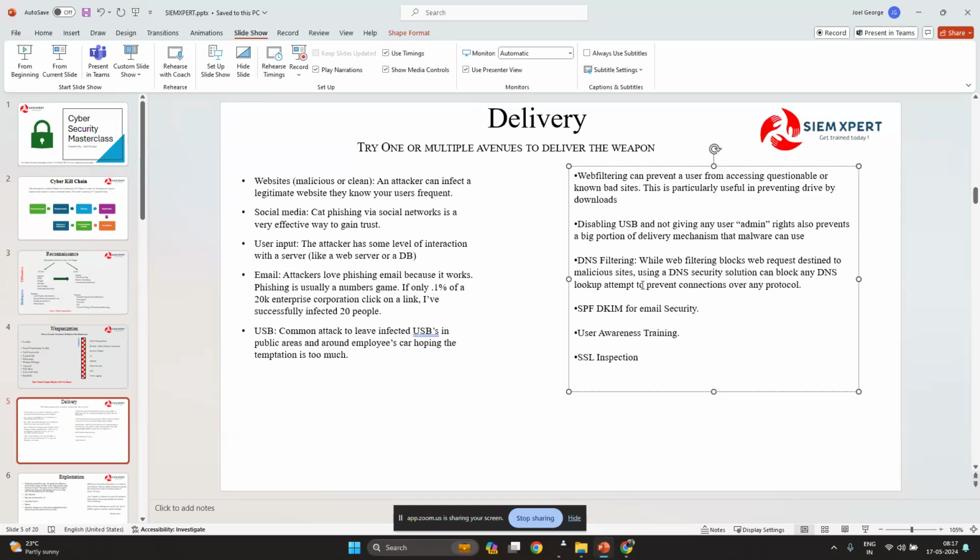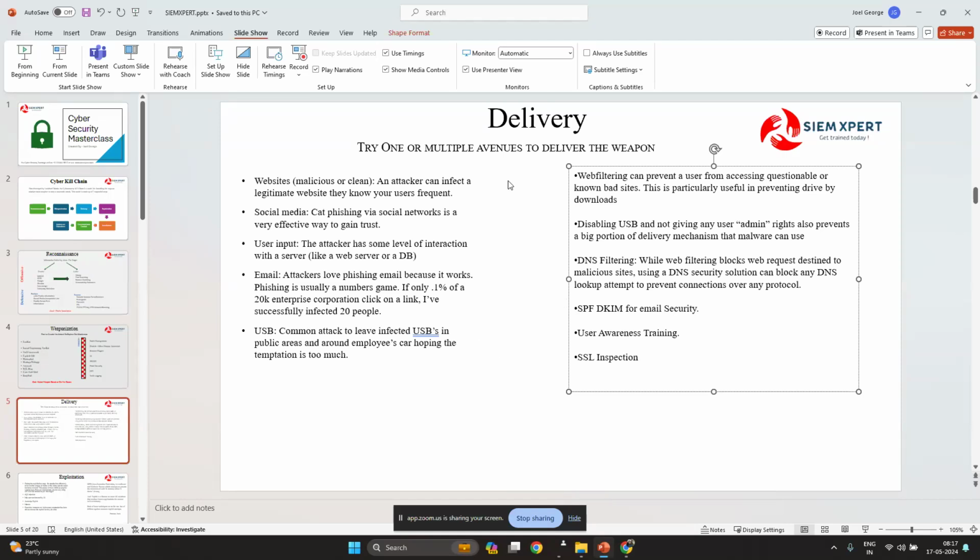So a DNS solution can basically prevent a certain lookup from happening before it even hits the website. So if an organization hosts an internal DNS server, they can try DNS filtering as well.